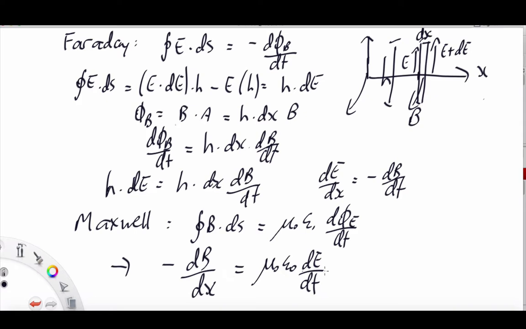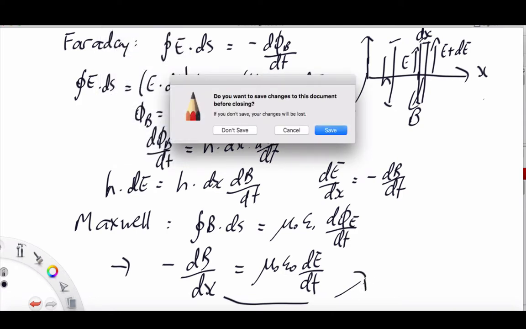Now the first thing we're going to do is rearrange this last term and bring dx over this side. And I'll go over the page. So we have dB equals minus mu naught epsilon naught dE dt times dx.